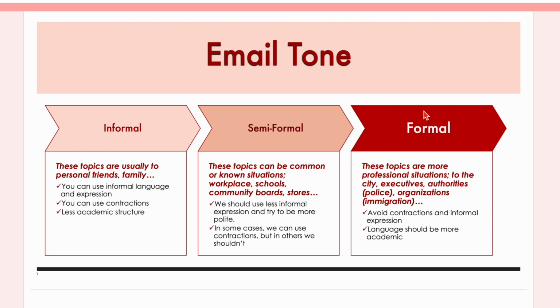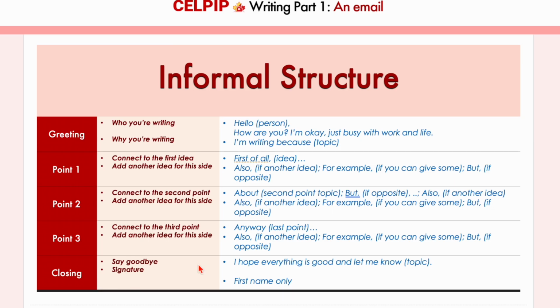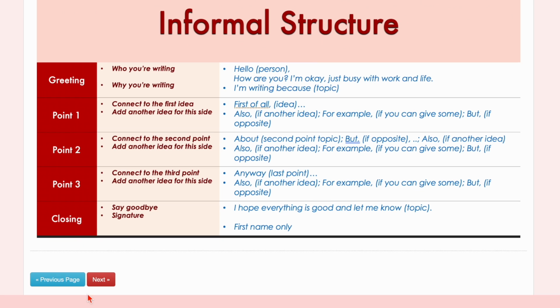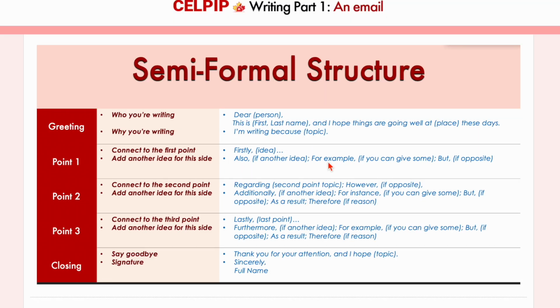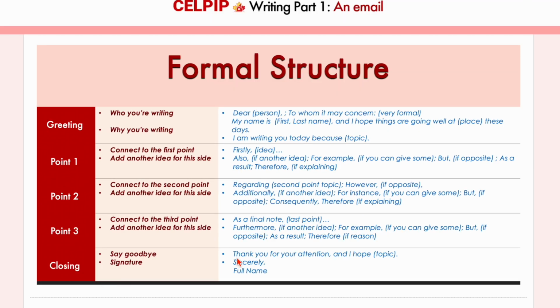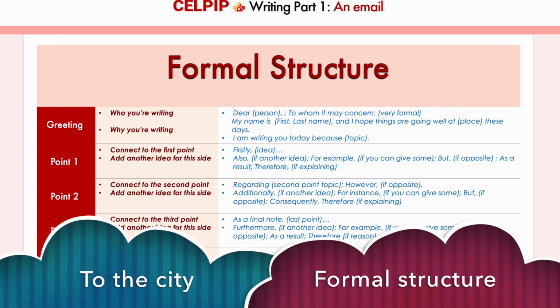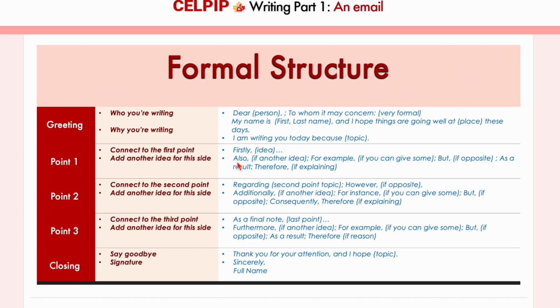So I'm going to be following a formal structure, and you see here we have the informal structure, we have the semi-formal structure, and then we have the formal structure. And I'm going to be following this structure to write my email, okay? And you see I have here, I should write at least 5 paragraphs, what I will do in each paragraph, and I'm going to explain that as we go along.